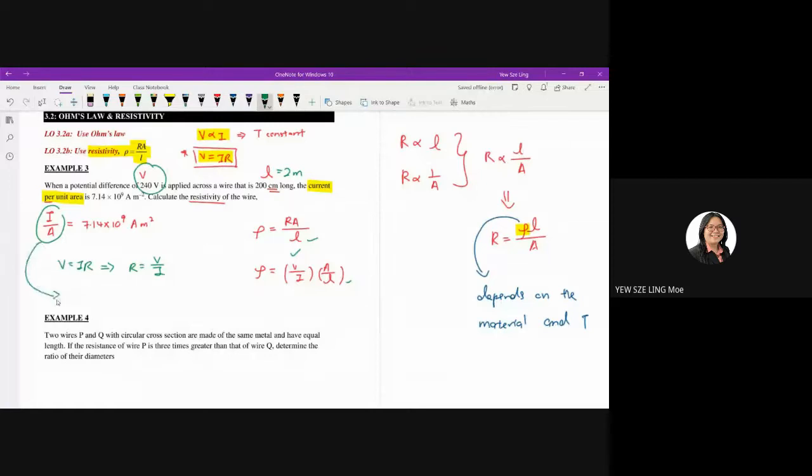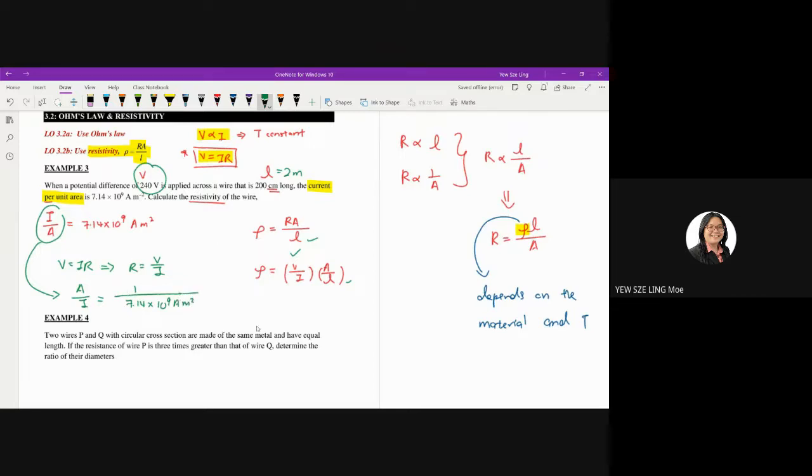We flip it over. I over A, now we flip it to become A over I, meaning the value right here becomes 1 over 7.14 times 10 to the power of 9 m squared per amp.